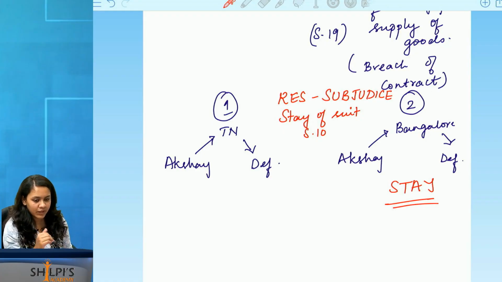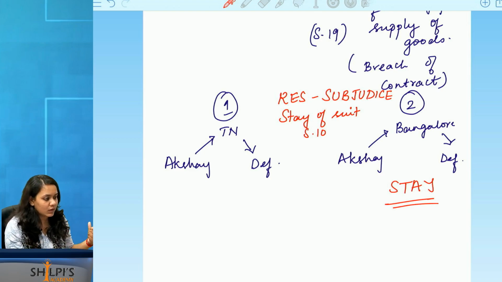Let's say that the plaintiff filed the plaint before both courts of law. It is only when the defendant comes to approach the courts that he will have to appear before the Tamil Nadu court at an earlier date, because the plaint was instituted at an earlier date. So he will go to the Tamil Nadu court first, and then he will give his written statement.